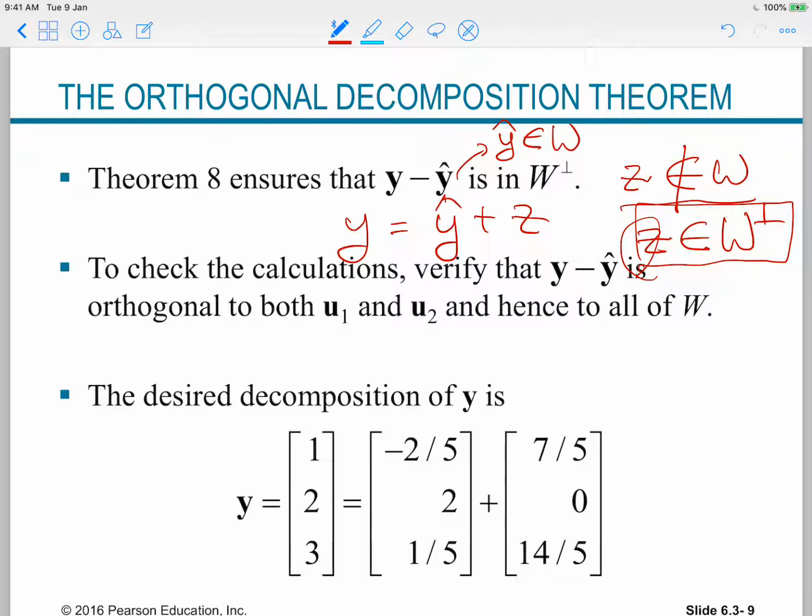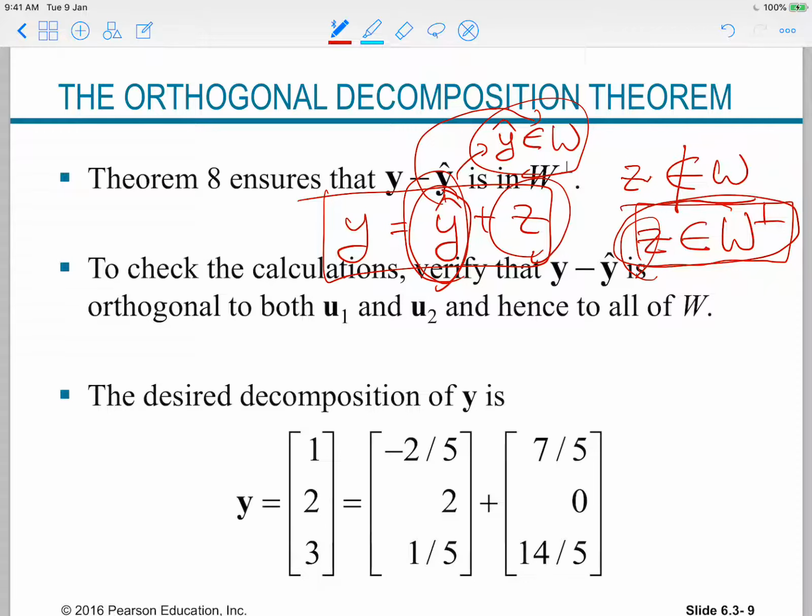Okay, so here, when considering this decomposition of y into y hat plus z, we are starting with the given subspace W, okay? But here, we can view this decomposition as the first component being inside of W, and the second component being completely outside of W. And what's the meaning of being completely outside?